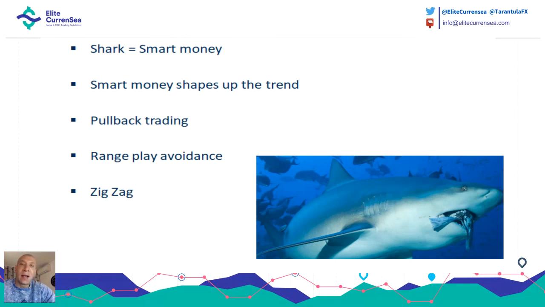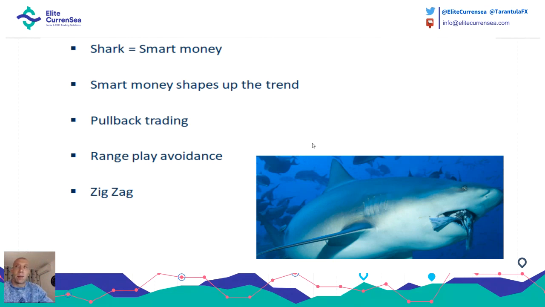And many times you will see that there is a range. You need to avoid the range. Range play avoidance is one of the skills that you should be developing, because if you really manage to avoid range play, then you will be much better at picking your entries, especially trend entries. And when you see a zigzag pattern, I'm not talking about the indicator, I'm talking about zigzag.